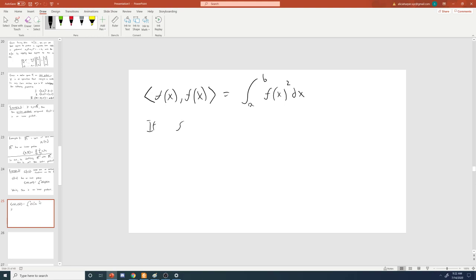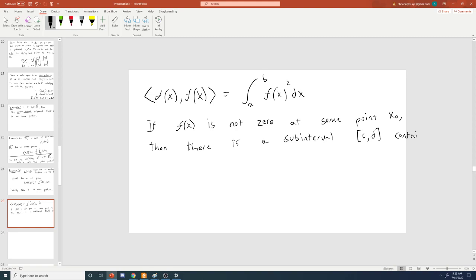Now, if f of x is not 0 at some point x naught, then there is a subinterval c to d containing x naught where f of x is non-vanishing and the absolute value of f of x is greater than or equal to little m for some m.